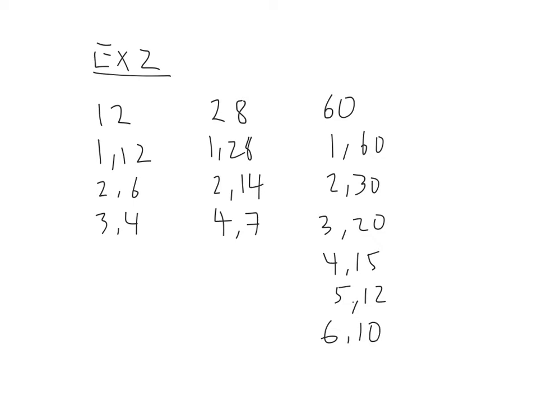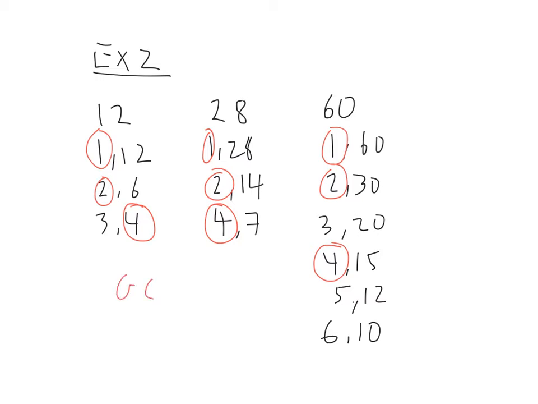So the common factors, well, 1 is a common factor of any 2 numbers. 2 is a common factor because all the numbers are even. Looking here, 4 is a common factor as well. I think that's all the common factors. So the highest, or the greatest common factor would be 4.